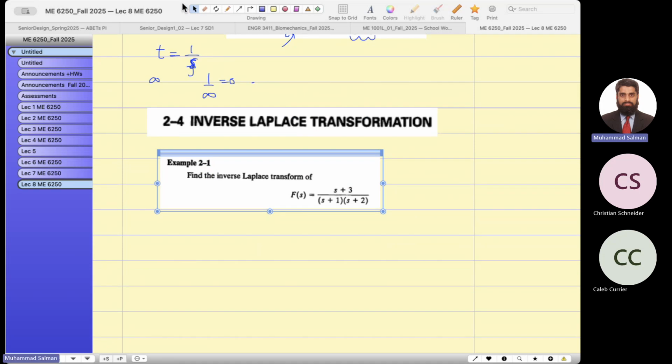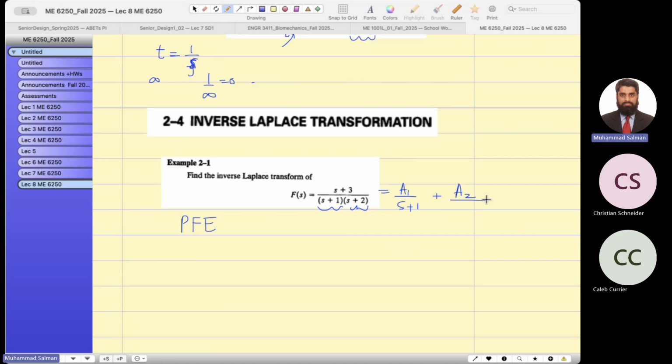Can you write this? You need to know about the partial fraction expansions. So can I write this in terms of, because this is factor 1, factor 2, I can write it in terms of first partial fraction expansion coefficient, second coefficient. Do you understand what I'm doing here?